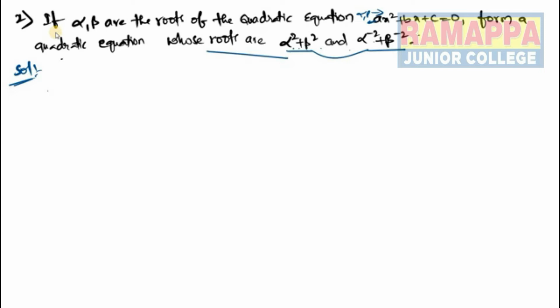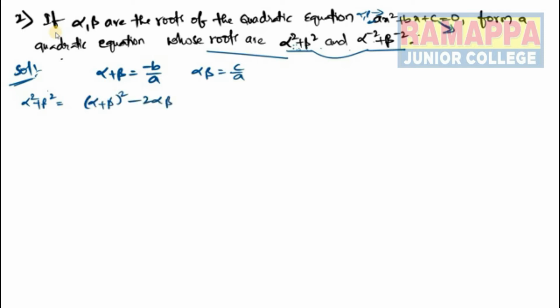Now here alpha plus beta is equal to minus b by a from this equation, and alpha into beta is equal to c by a from the same equation. Here you do one thing: alpha square plus beta square we can write as alpha plus beta whole square minus 2 alpha beta.